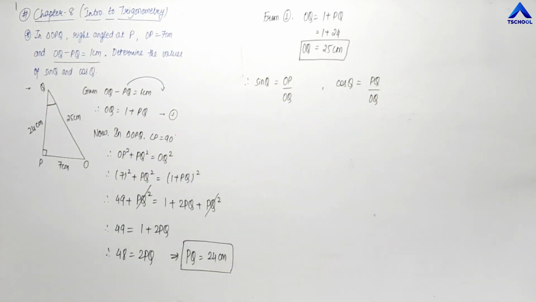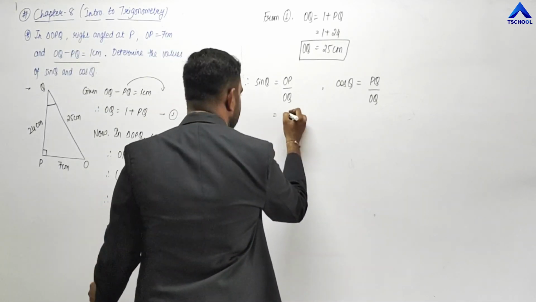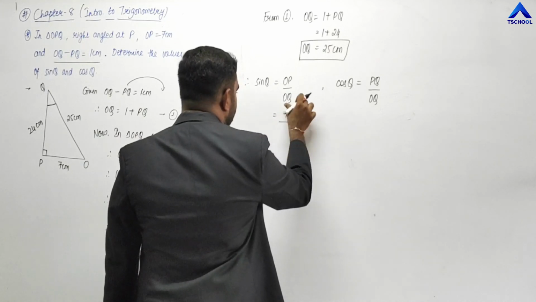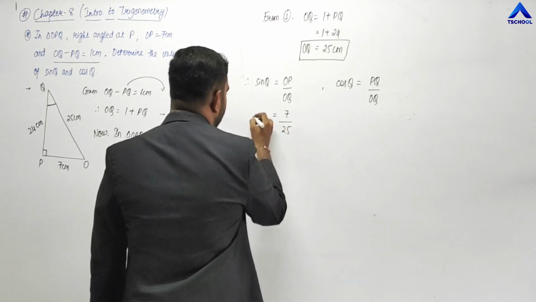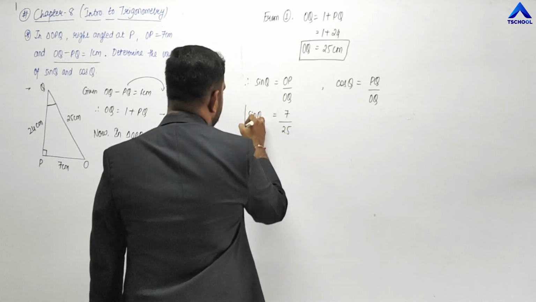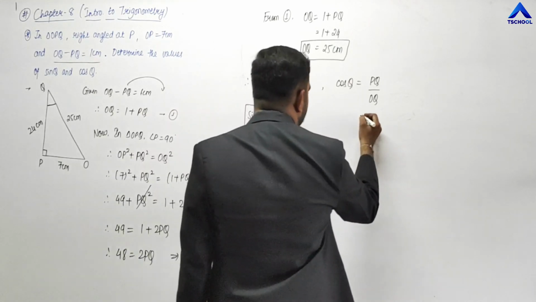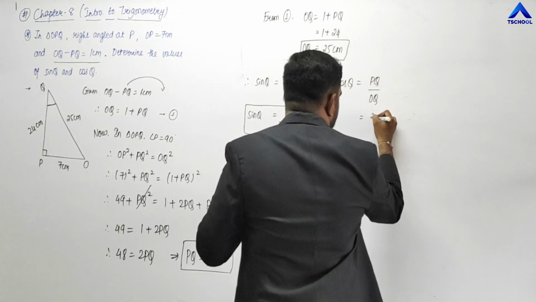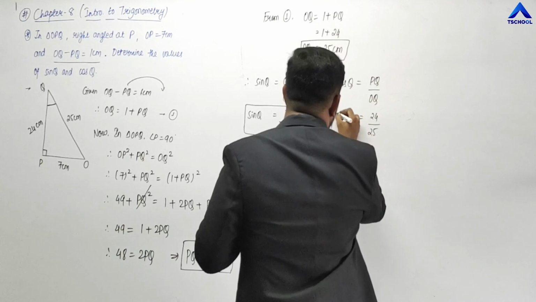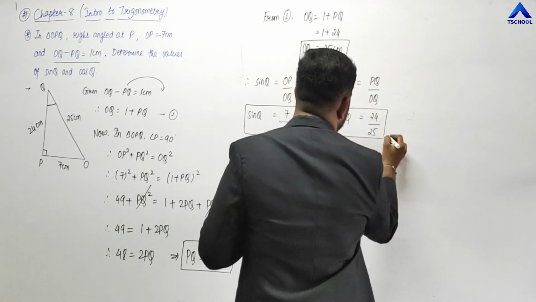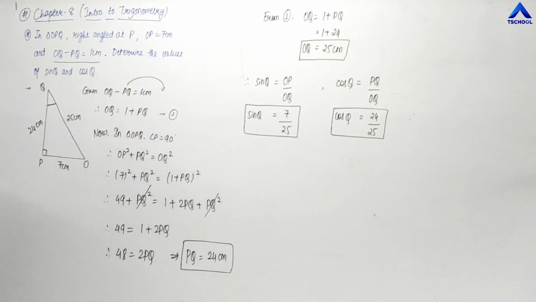So we got both the ratios here. Let us simply put down the values. So OP, which is equal to 7 centimeter, divided by OQ, that we have got as 25, and hence we get the ratio of sin Q as 7 upon 25, and PQ, that we got as 24, upon OQ, 25, and hence we get the ratio of cos Q as 24 upon 25.